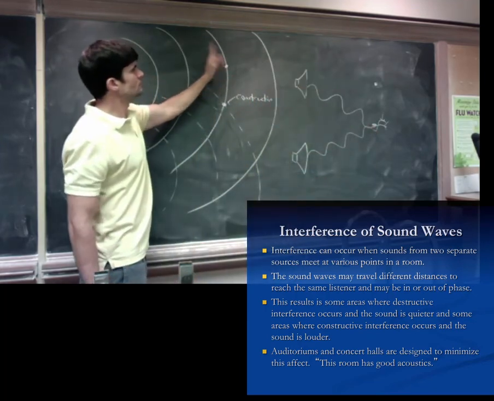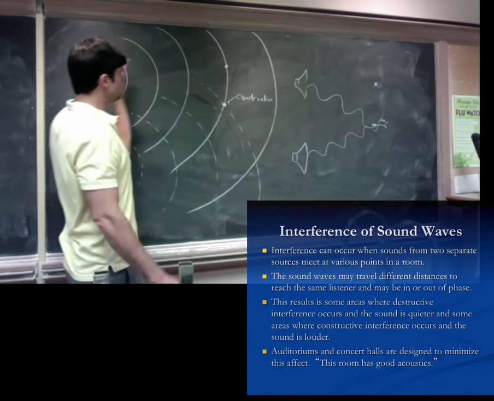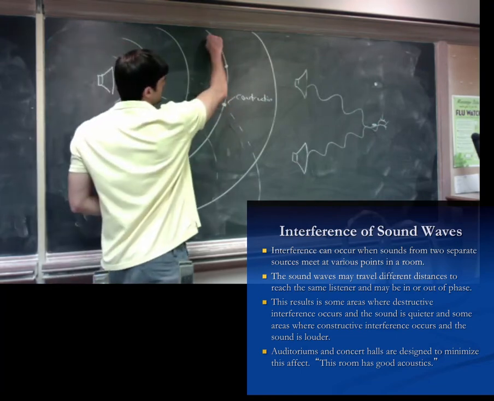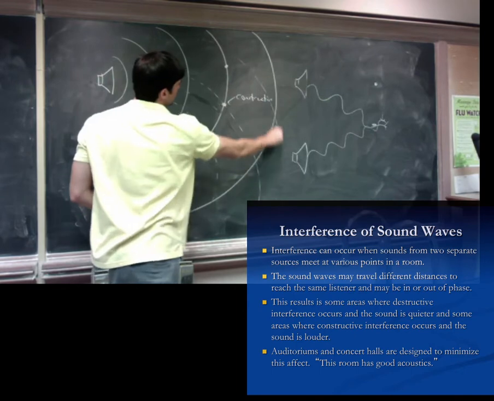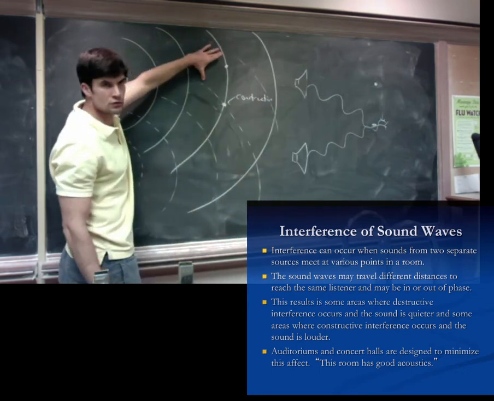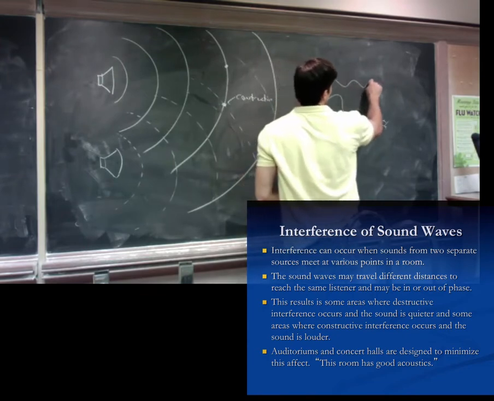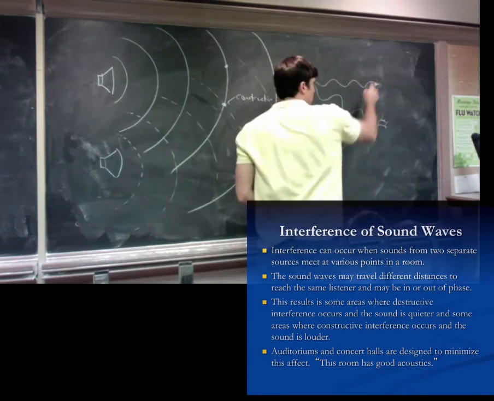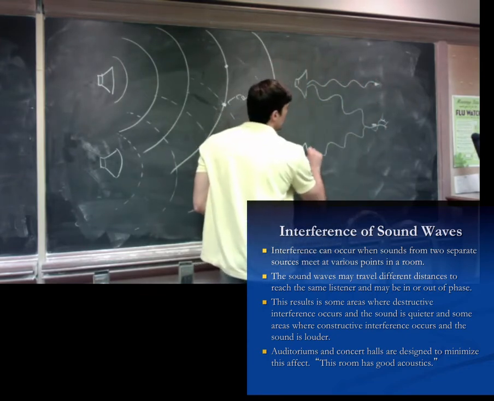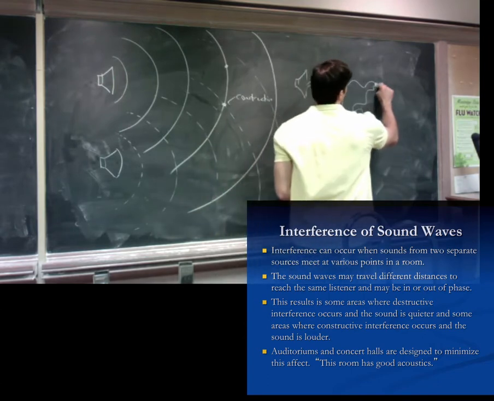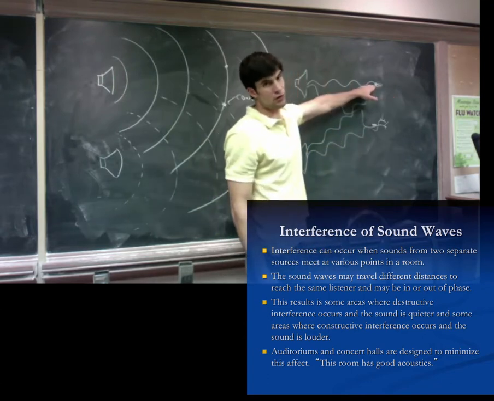This point is getting the crest from one source, but the trough from the other. It's between two compressions. So here, the path difference is such that one wave arrives at a crest, while the other wave arrives as a trough.